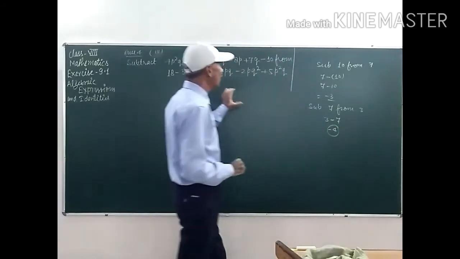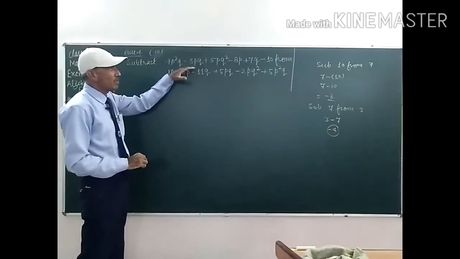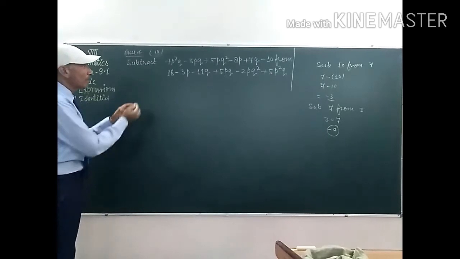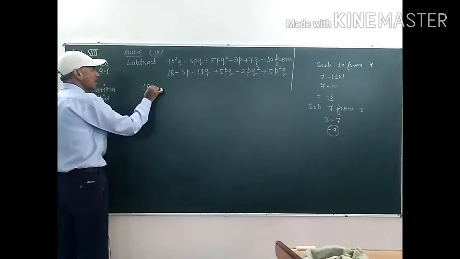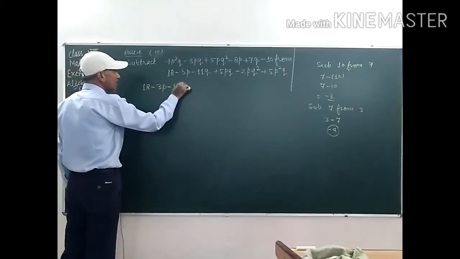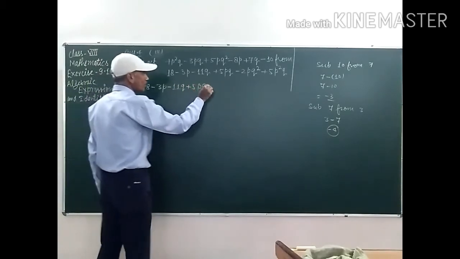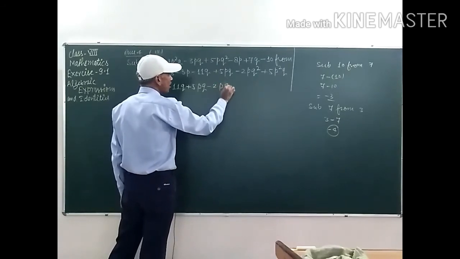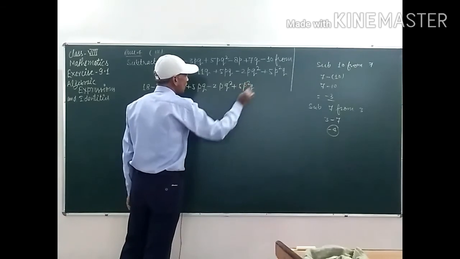Students, same type in this question you have to subtract the first part from the second part. So first of all you have to write the second part first, that is 18 minus 3p minus 11q plus 5pq minus 2pq square plus 5p square q.